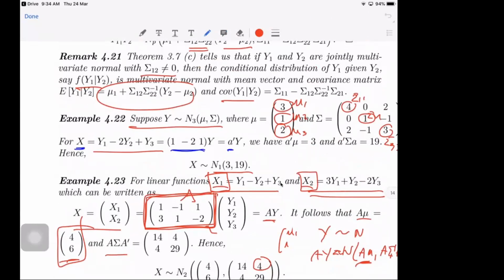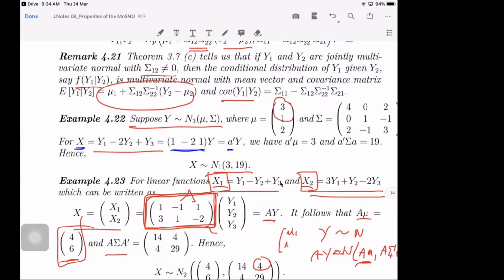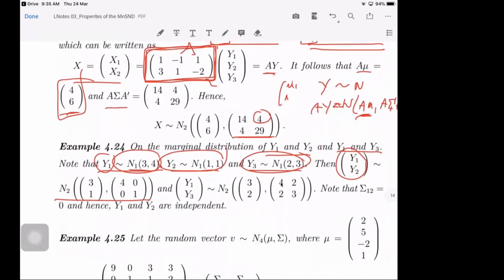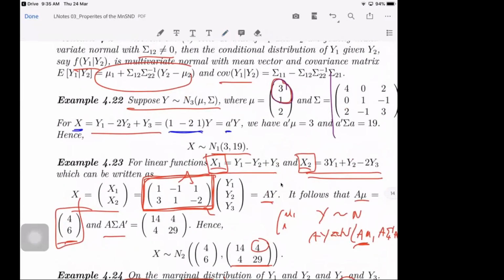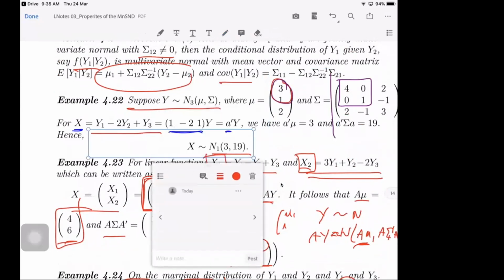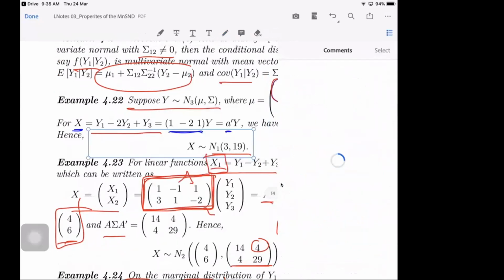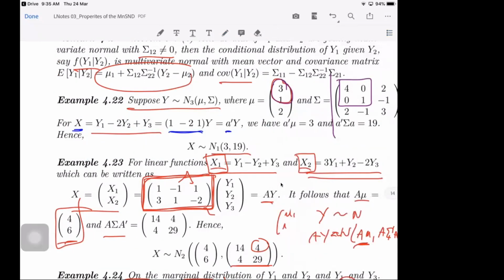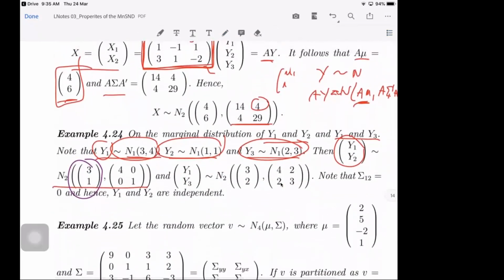So for y1 and y2, the mean will be 3, 1, no? And then the covariance matrix of y1, y2 will be this part, okay?